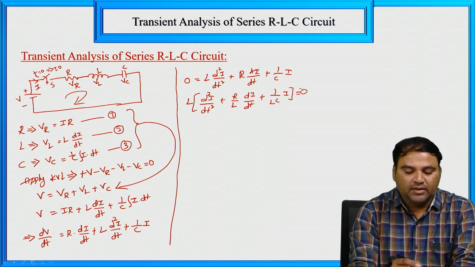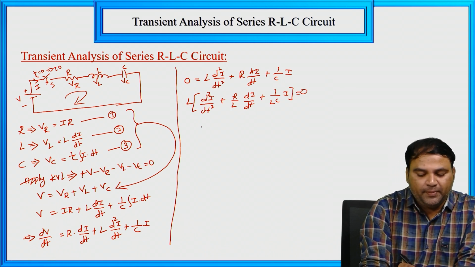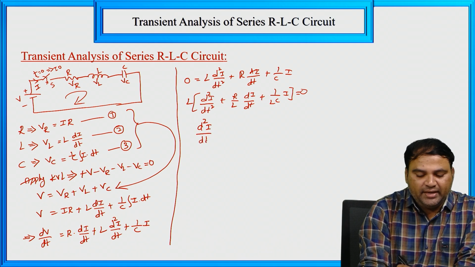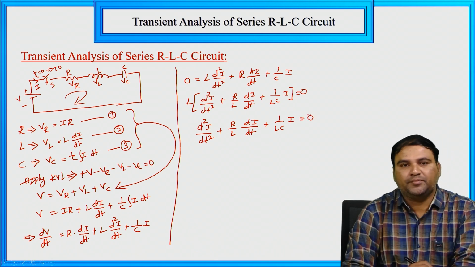Now, L goes to this side, and 1 by L into 0 means 0. Now the equation is d square I by dt square plus R by L into di by dt plus 1 by LC into I equal to 0.